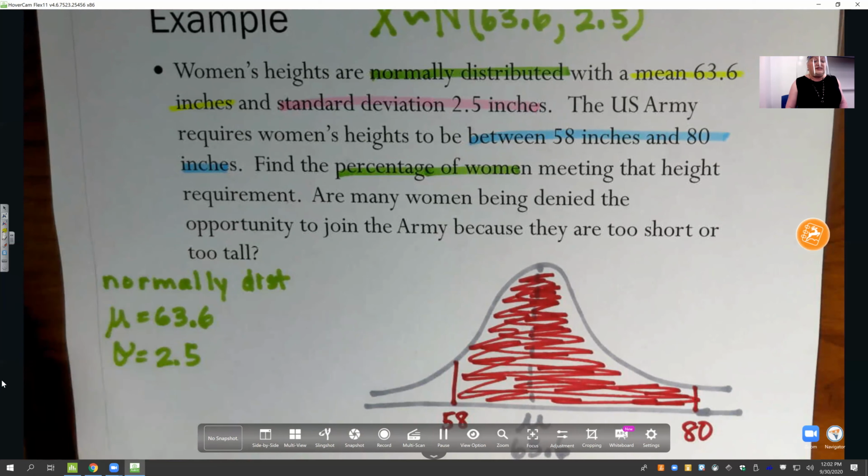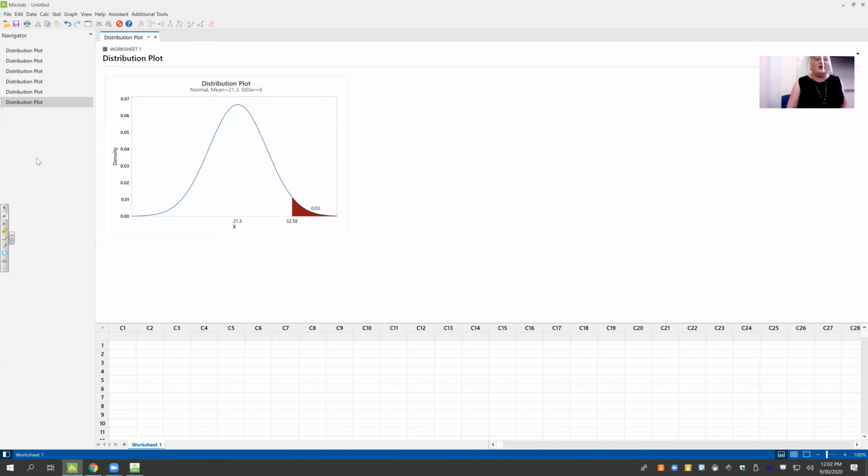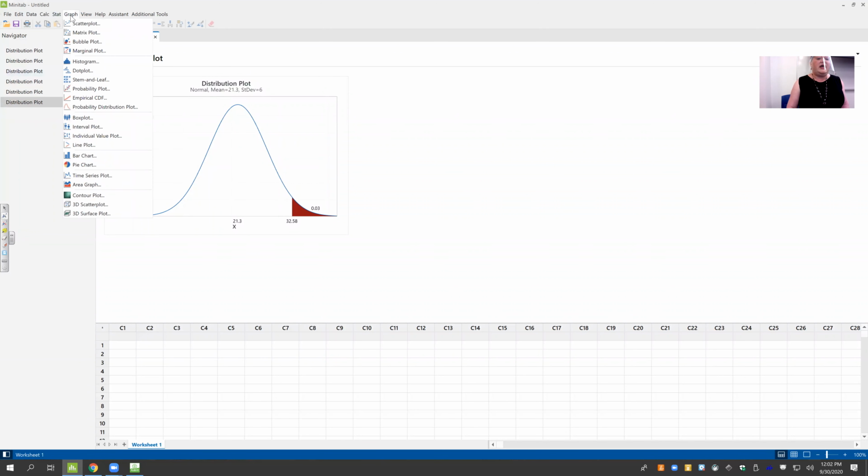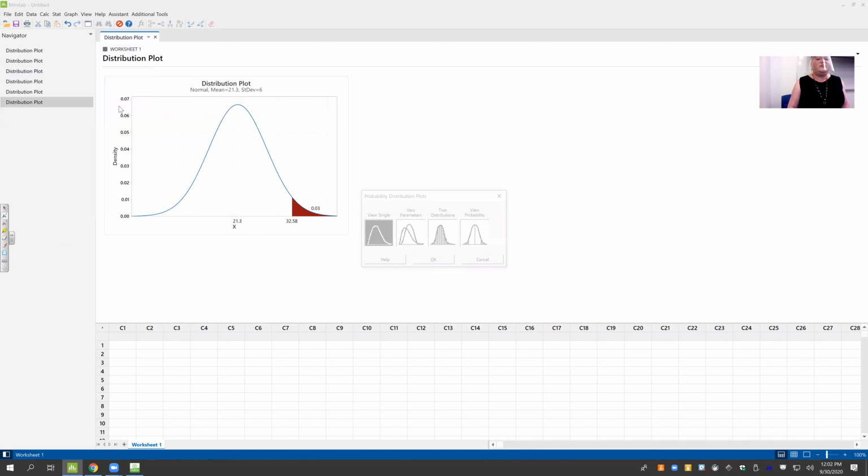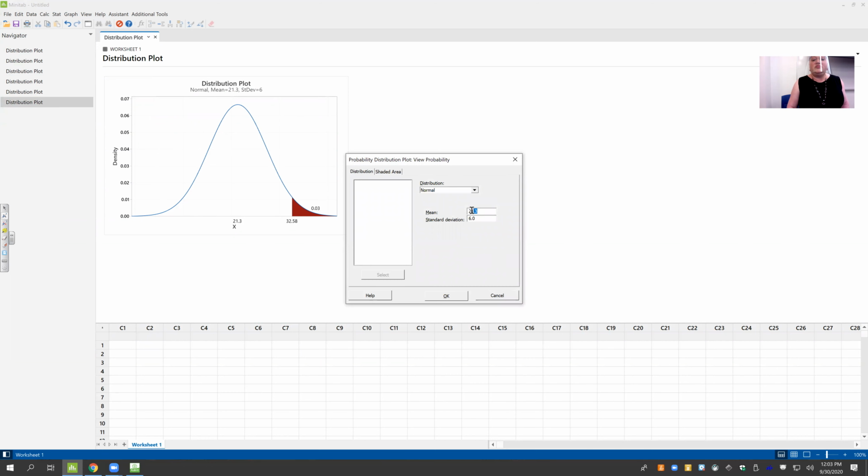Now, when we go to Minitab, we go through our command, graph, probability distribution, view the probability. It is normal. At this time, we need to change our mean. It's 63.6, and the standard deviation is 2.5.